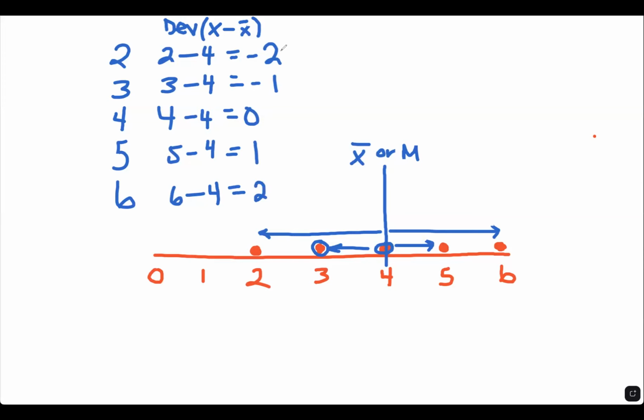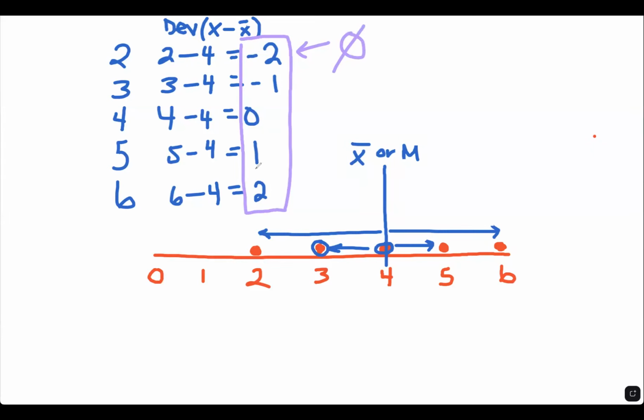The conceptual definition is that we're taking the average of these distances. We're saying on average, there's this much distance from the mean. However, if we do that, this is always going to equal 0 because we have negative distance here.